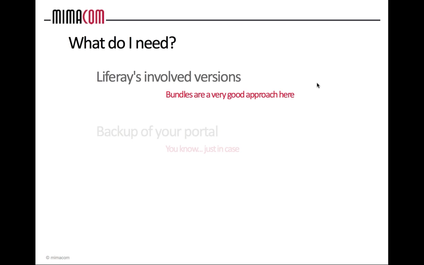But if we are going to migrate to a different version, for example, from Liferay 5.6.0 to 6.1 GA3, probably we will need more versions, because before Liferay 6.2, for this kind of migration, we needed all the previous existing versions. For example, Liferay 6.0 GA1 and GA2, and then Liferay 6.1 GA1, GA2 and GA3.